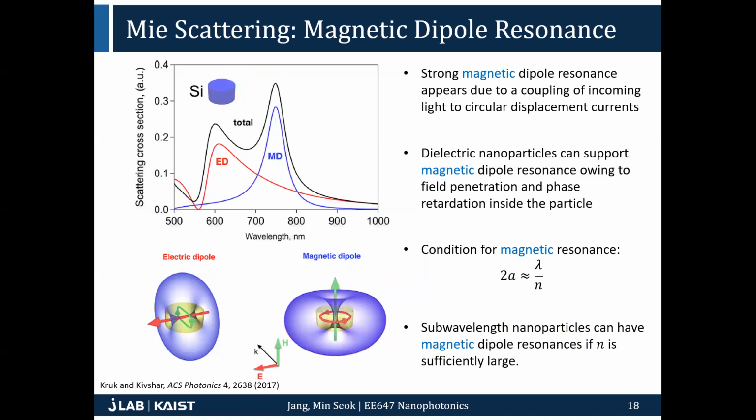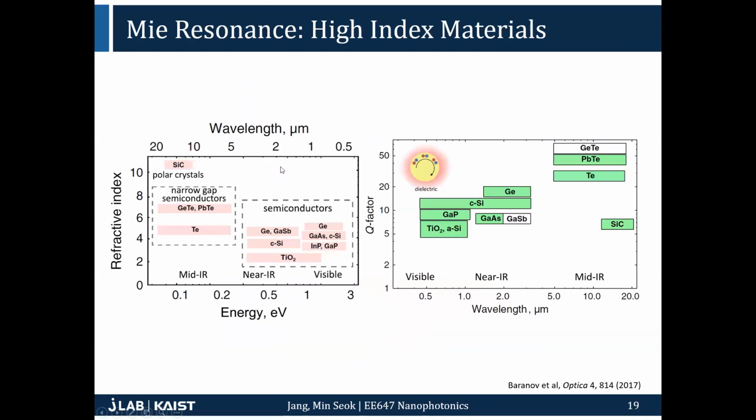People started to look at high index materials for that reason: in order to induce magnetic resonance with sub-wavelength nanoparticles, we need a high index material. So people started looking at high index materials like this.